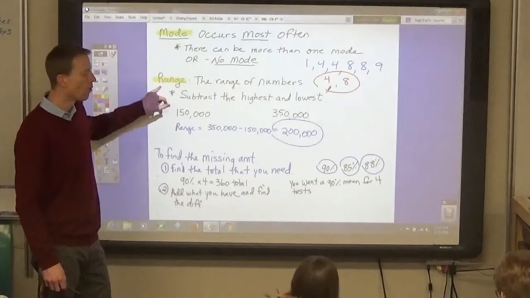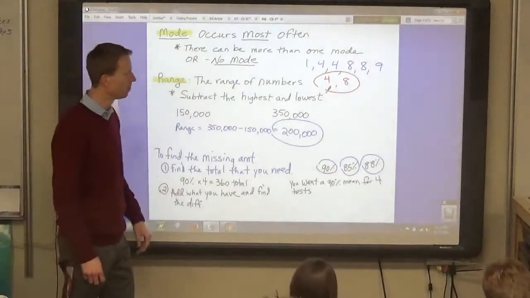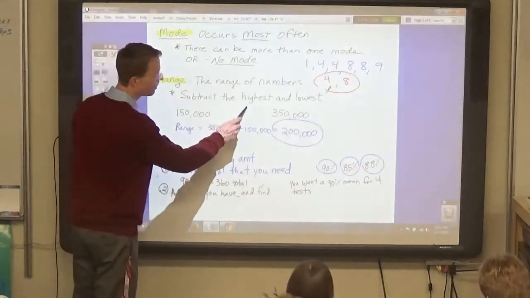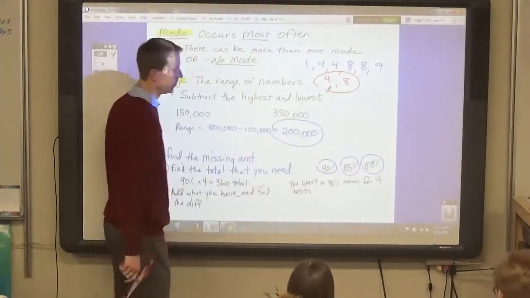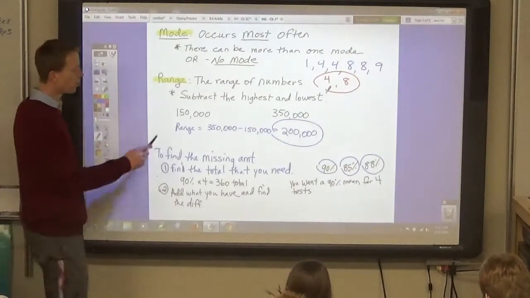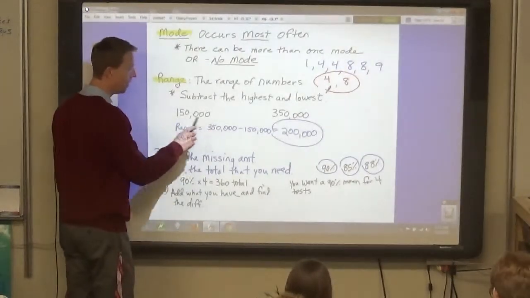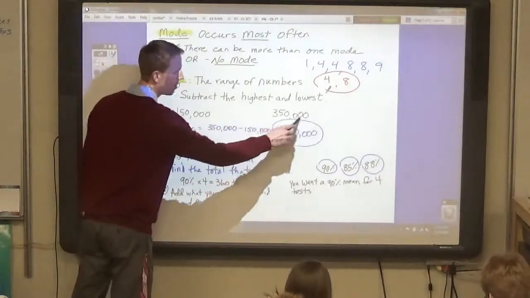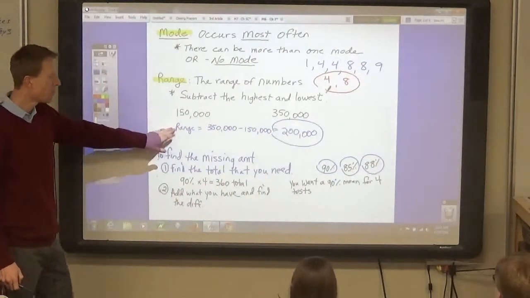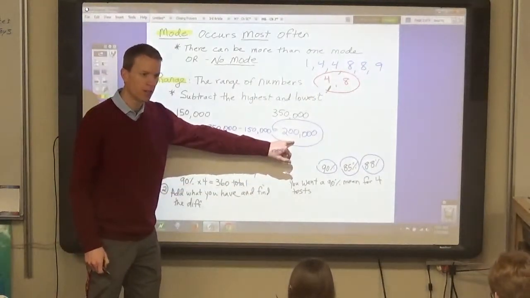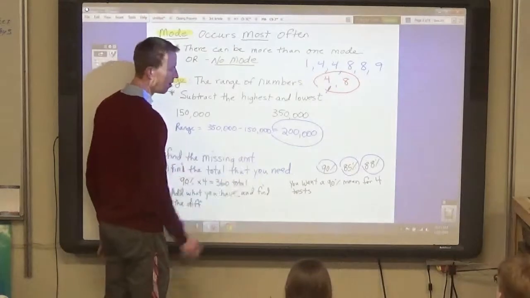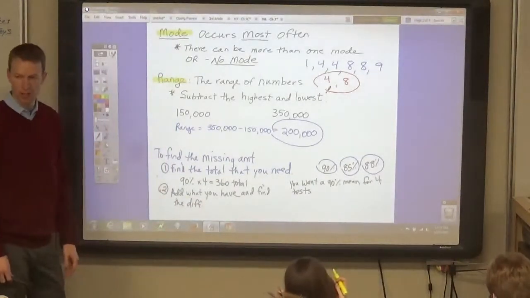Then we can also find the range of the set. The range is the difference between the highest value and the lowest value. So if our numbers range from 150,000 to 350,000, then the range is 200,000. 350,000 minus 150,000 is 200,000.